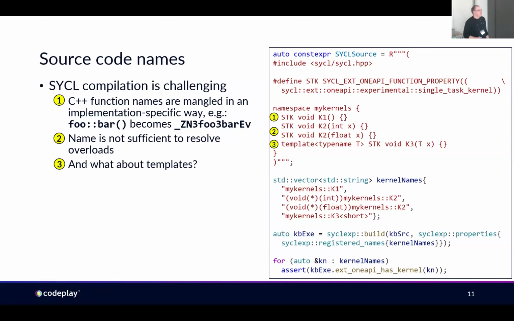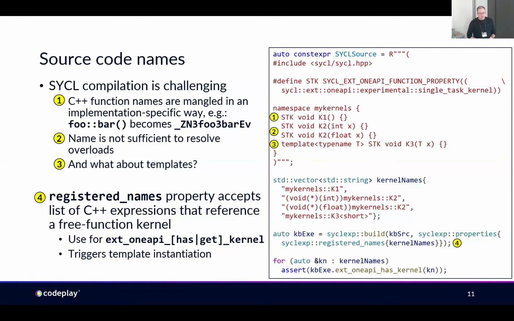And what about templates? For templates, those two also hold. And an additional problem, we also need to ensure that the concrete templates we care about are instantiated and compiled into a kernel that we can get back. Otherwise, just the template definition doesn't really help us much. And for that, we have a property here, also passed to the build function, that's called registered names.